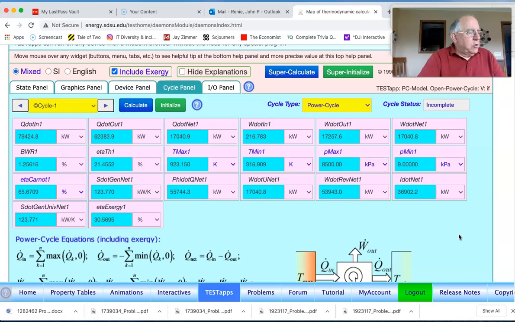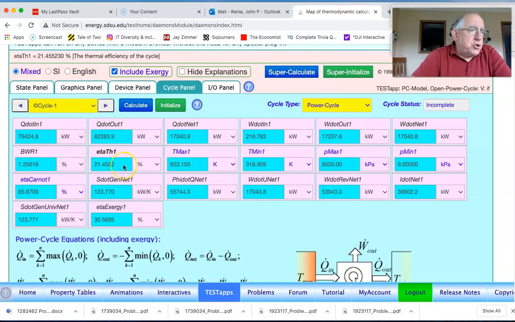And in the cycle panel then, it shows us that for this particular case, the first law efficiency of this particular process, here's the heat transfer in at the boiler, and this is the net work. And the net work is associated with the 2 stages of the turbine minus the work associated with the 2 pumps. And so this is our net work, and this is the amount of heat transfer in.